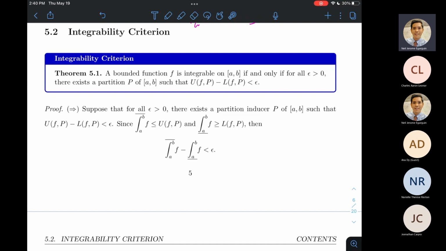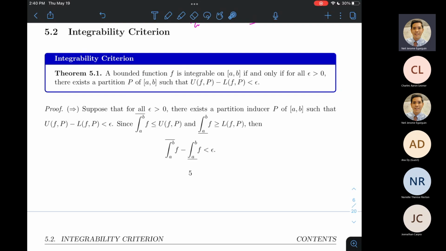So tingnan natin. Premise under Theorem 5.1, dapat si f ay bounded. Okay? And then f is Riemann integrable if and only if sa kahit anong epsilon greater than 0, however small it is, we can still find a partition inducer of the closed interval [a,b] such that the upper Riemann sum minus the lower Riemann sum relative to that partition inducer is less than epsilon.